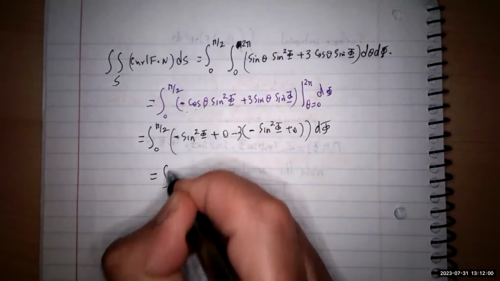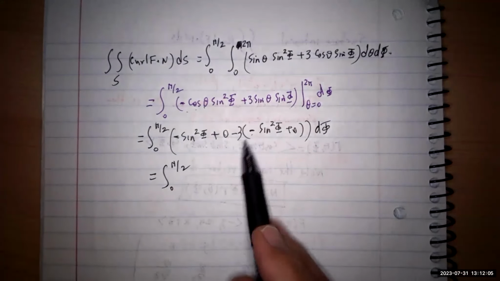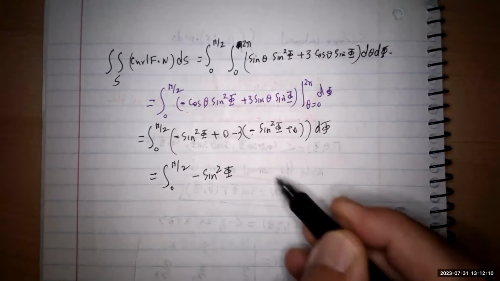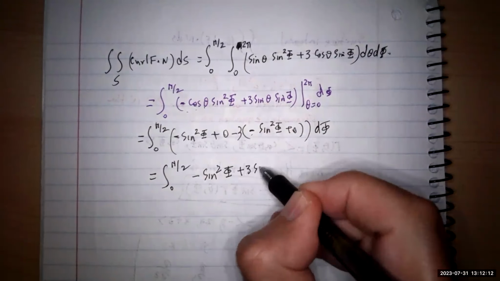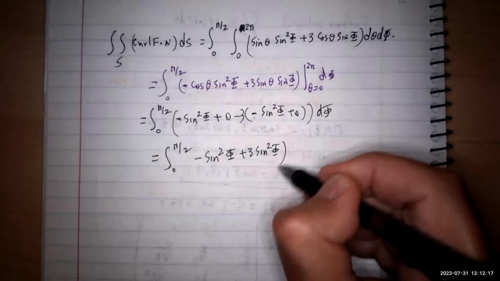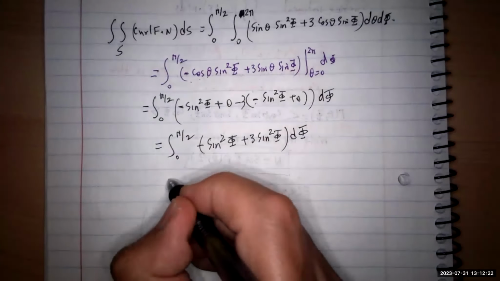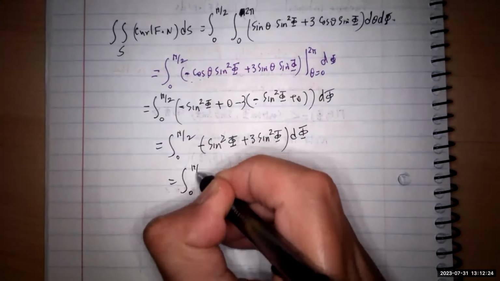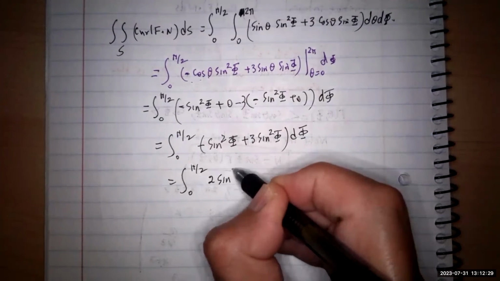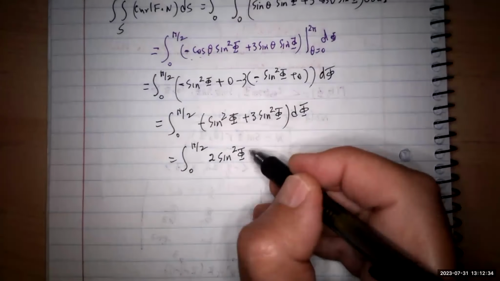So 0 to pi half. Negative would be positive. So that gives me negative sine squared of phi, plus 3 sine squared of phi, d phi. So that would be 0 to pi half, and that gives you 2 sine squared of phi d phi.